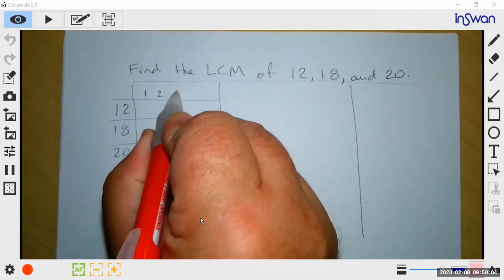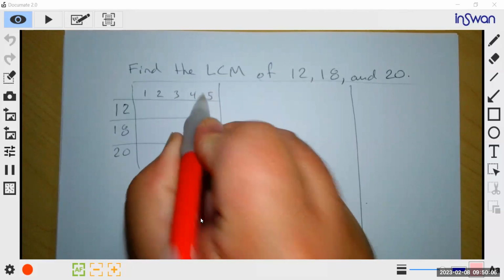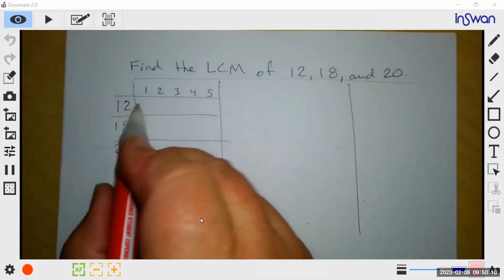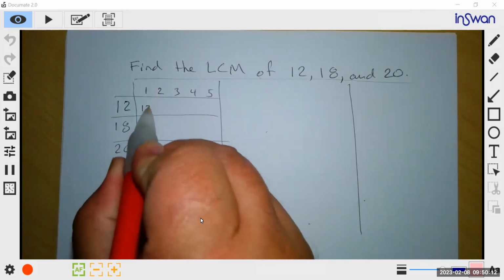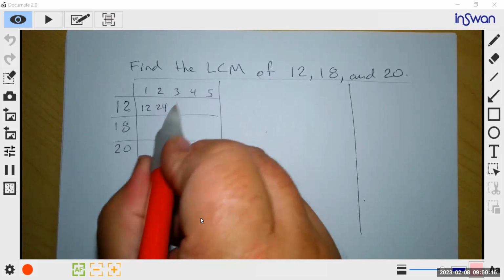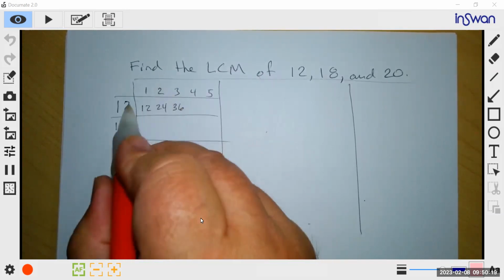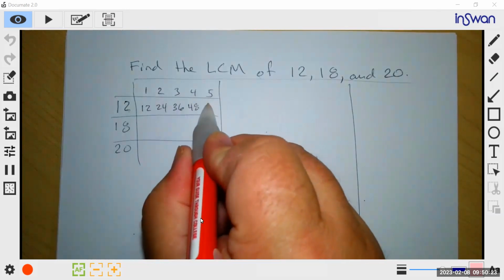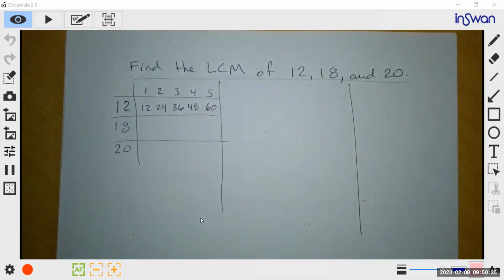One, two, three, four, 5. I hope we don't have to go any further than 5. So 12 times 1 is 12. 12 times 2 is 24. 12 times 3 is 36. 12 times 4 is 48. 12 times 5 is 60.